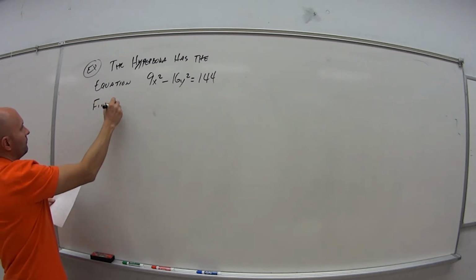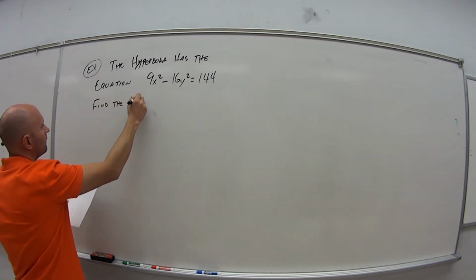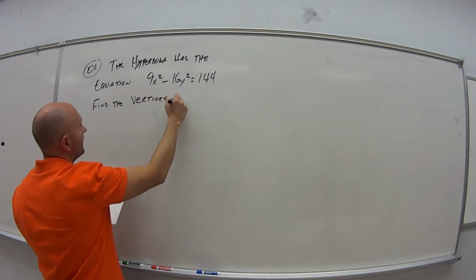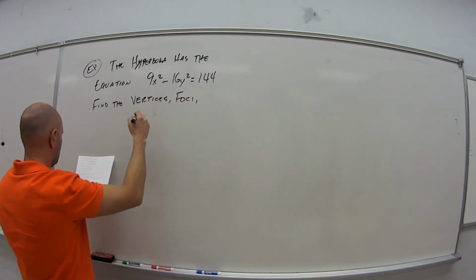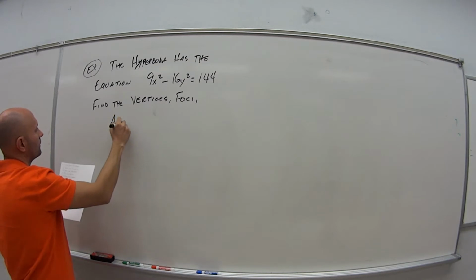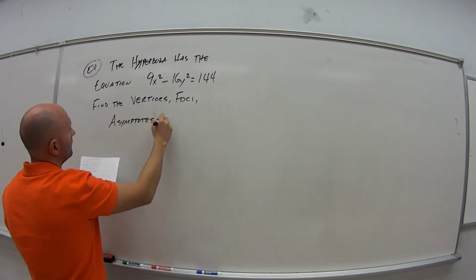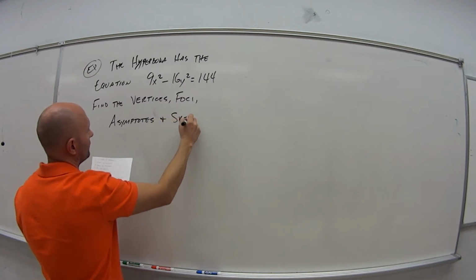So we want to find the vertices, the foci, the asymptotes, and then finally sketch this guy.